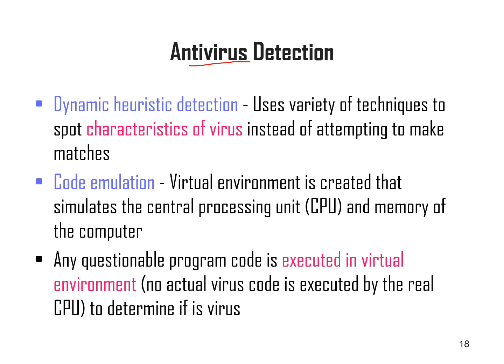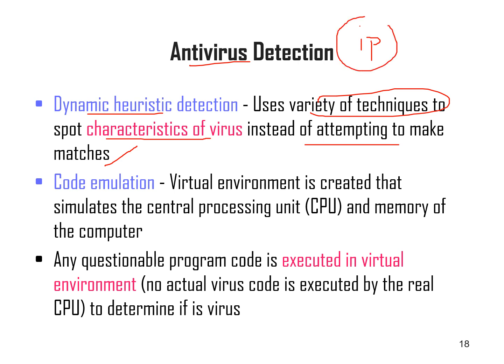Another kind of antivirus detection is dynamic heuristic detection. It uses a variety of techniques to spot the characteristics of a virus instead of attempting to make matches. Instead of mapping signatures to infected files, I am spotting the characteristics of the virus. If a file is illegally communicating with an IP address, I have to check whether that IP address is malicious or not.